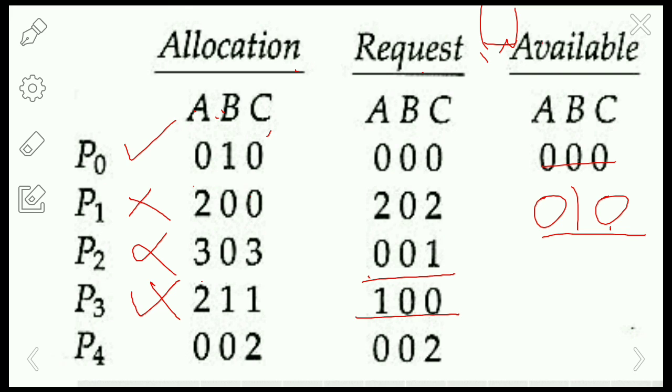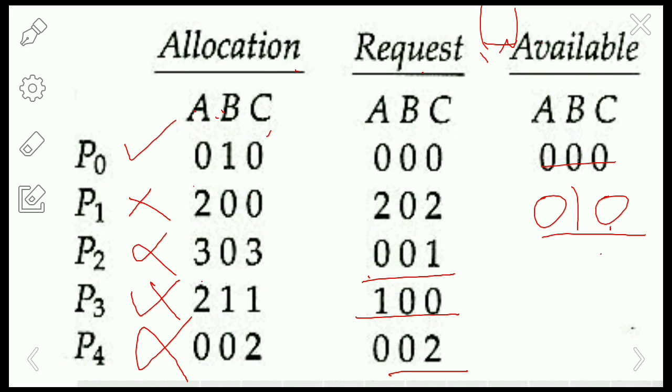Finish of P4 equals false, so it has not executed. Request 0 0 2 is not less than or equal to work, so this one will also not work.